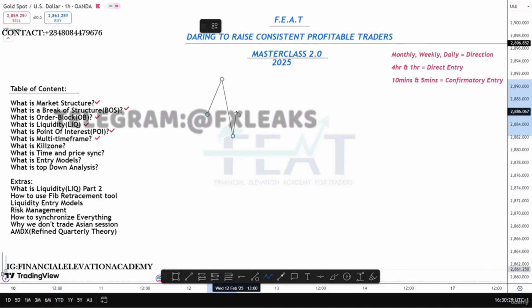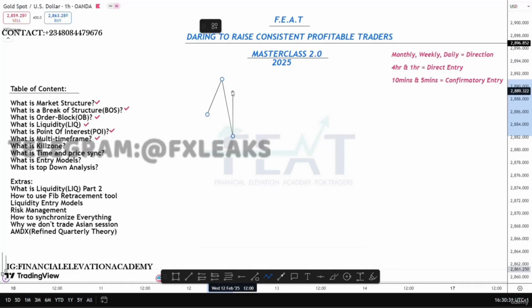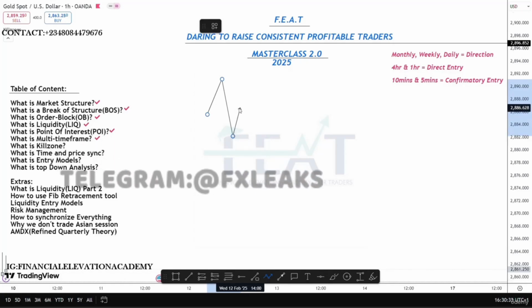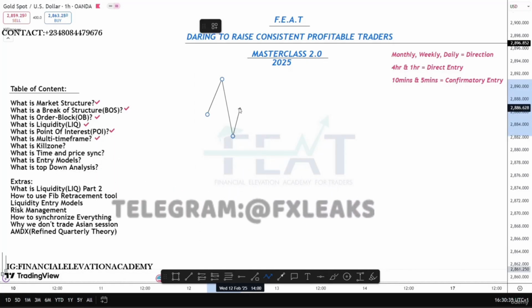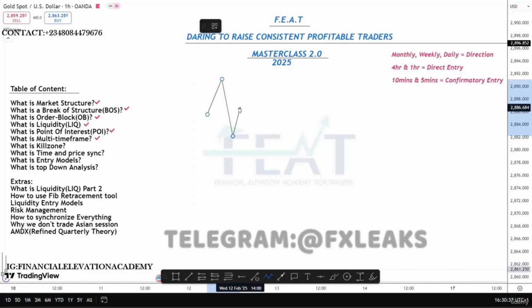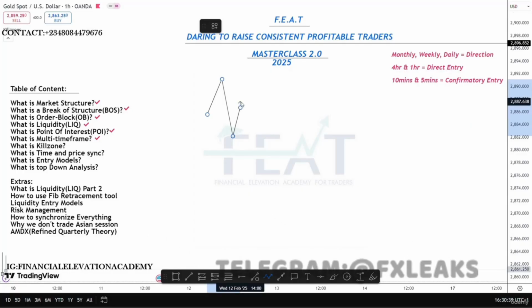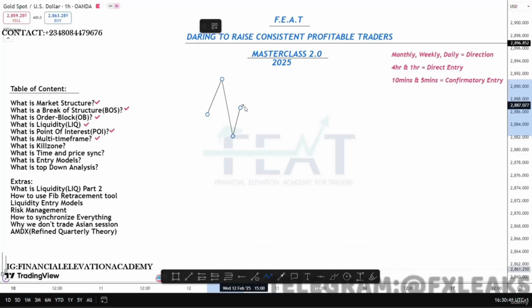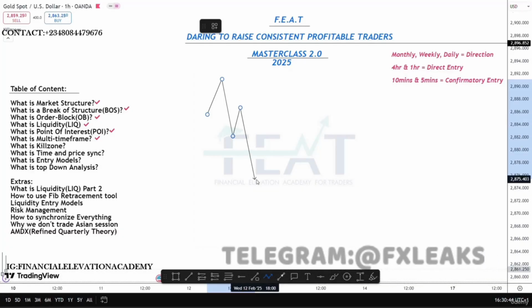Or let's say the month has done the break of structure and the monthly has come to retest the other block. Now the next month, what we can expect it to do is to sell.